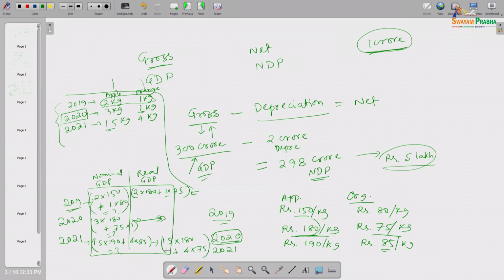Look here, whatever price level we consider to capture real GDP of 2019, the same 2020 market price is used for 2020 and also for 2021. But the production basket is of the respective years.